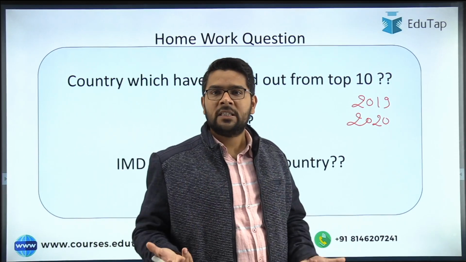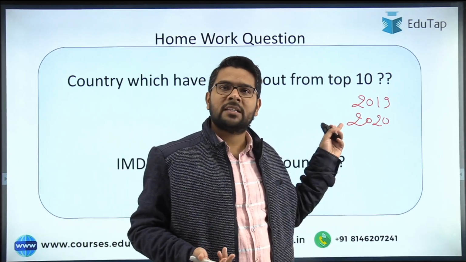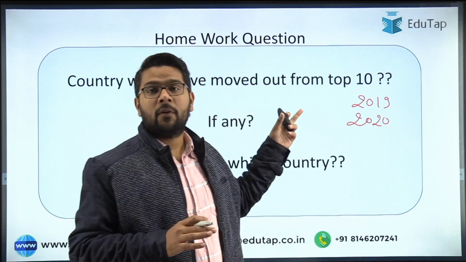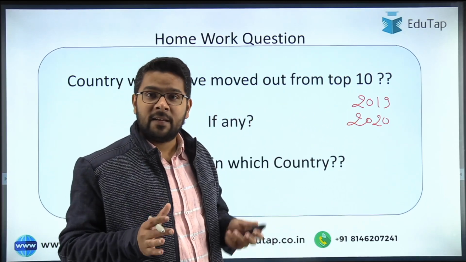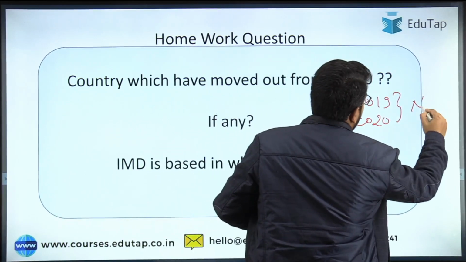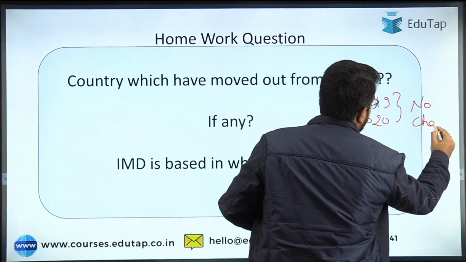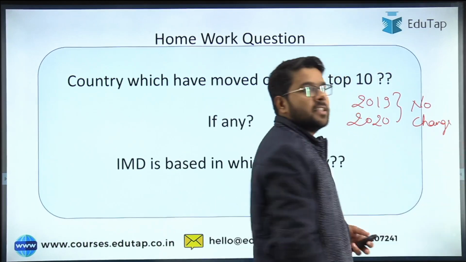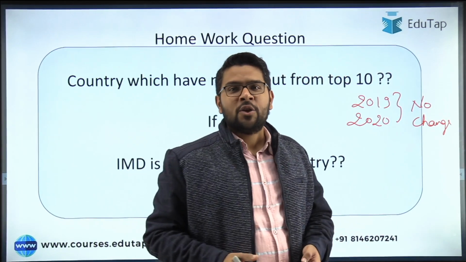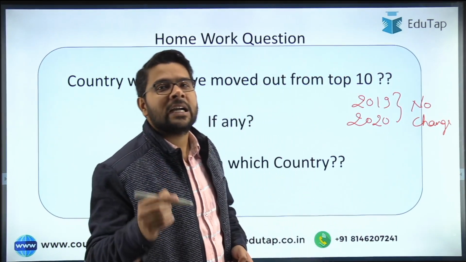If there is no change in the top 10, if they are still the same, then just mention no change. And if there is a change, just mention the name of the country. That's the answer you need to give in the comment section.